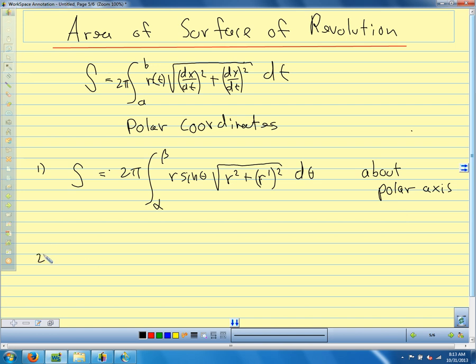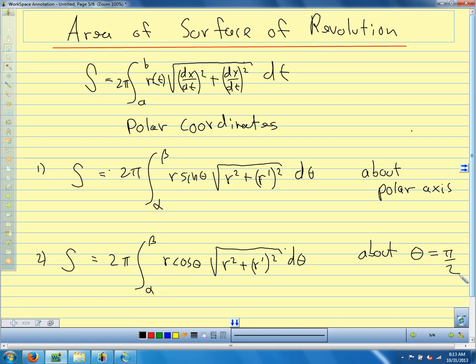And our second integral, our surface area of revolution, is going to be 2 pi, the integral from alpha to beta of r cosine theta times our arc length. And this is going to be about theta equals pi over 2.